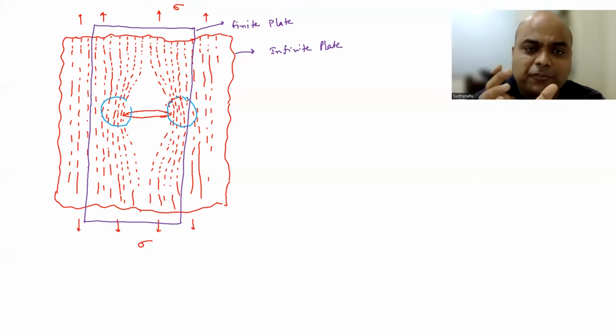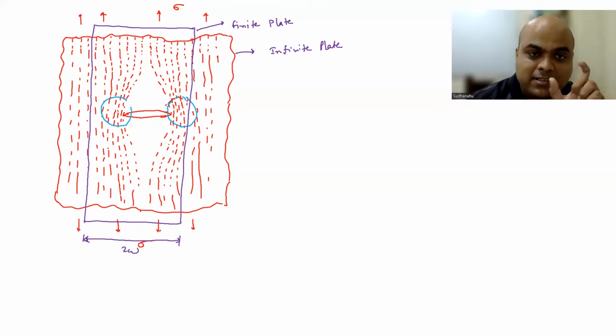Now all these lines of forces need to be squeezed in the given width of say 2W. If you visualize that these n lines of forces are getting squeezed in this 2W, the stress concentration ahead of the crack tip in the finite plate is going to be higher than in the infinite plate, isn't it?